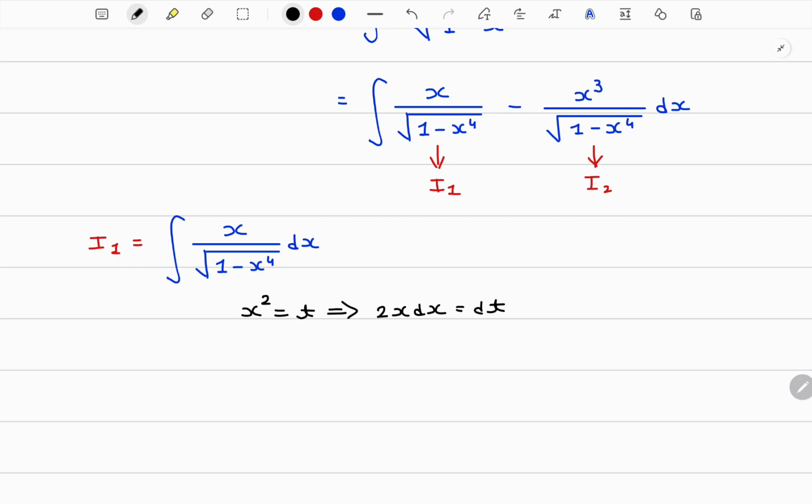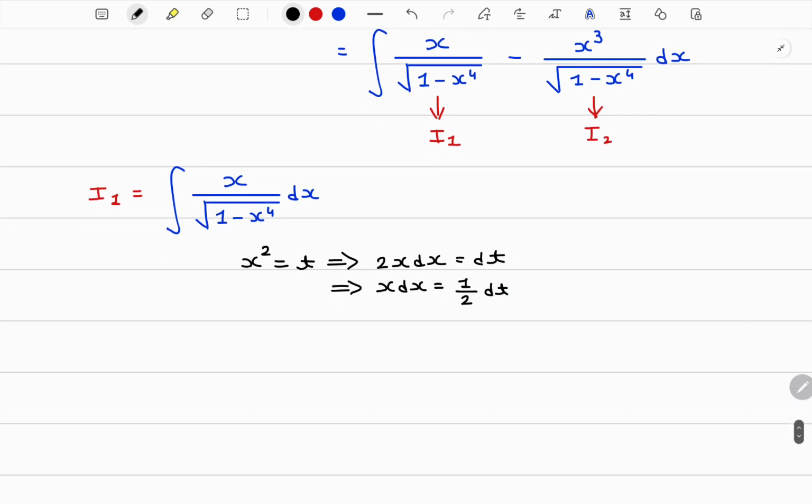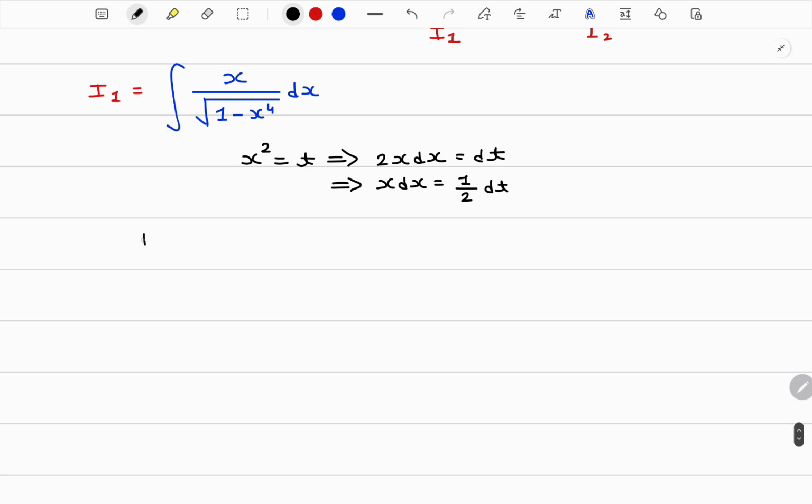So x dx equal to 1 by 2 dt. चलिए so I1 is nothing but 1 by 2 upon under root 1 minus t square dt.